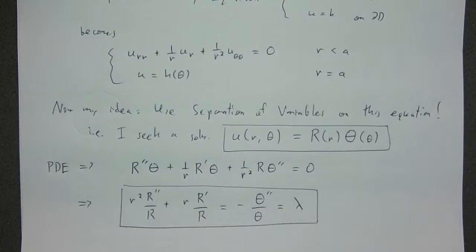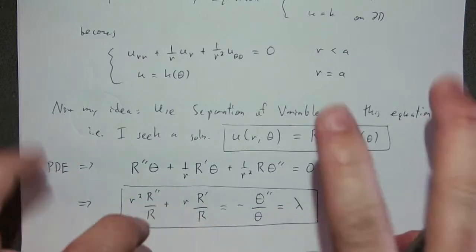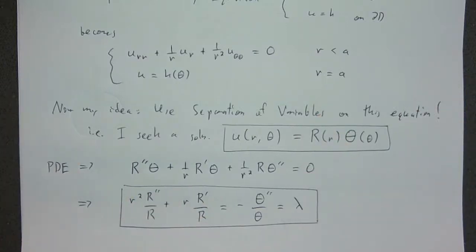Now, there are some slight complications here before we proceed any further. I'm going to get my eigenvalue problems in the same way, but the question is, what are the boundary conditions going to be?